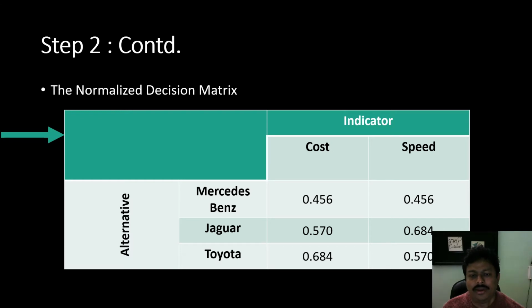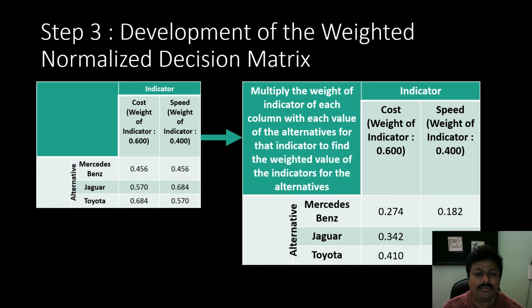After we have developed this normalized decision matrix, we have to develop the weighted normalized decision matrix. Now here comes the limitation or drawback of the ELECTRE method. You see, the weightage of cost and speed, the criteria here, is determined by the decision maker.